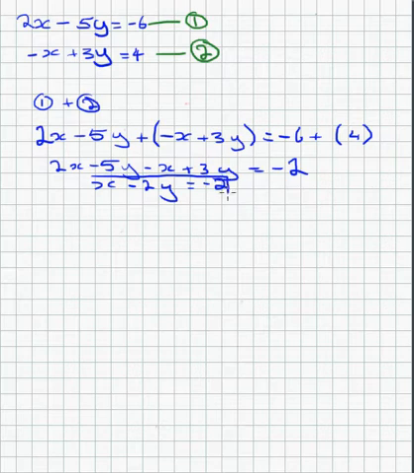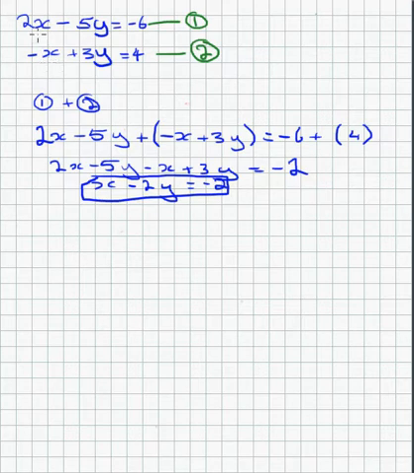So we haven't really made anything easier for ourselves. We're just left with another equation. So we need to think a little bit about how we do this, and another technique in algebraic elimination is to do this addition, but to also multiply one of the equations by a constant.